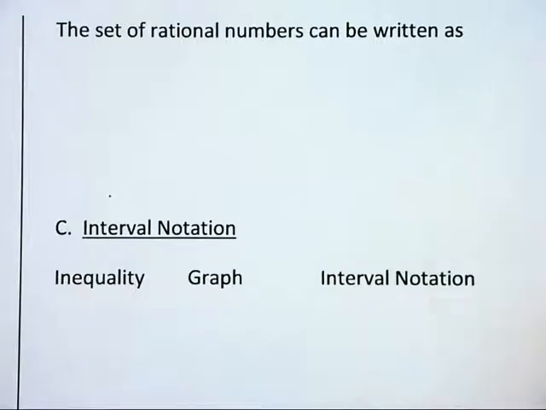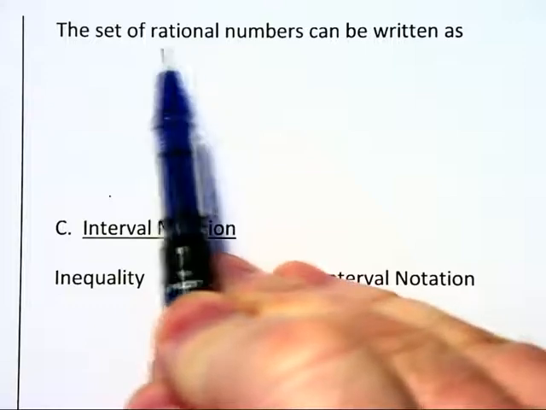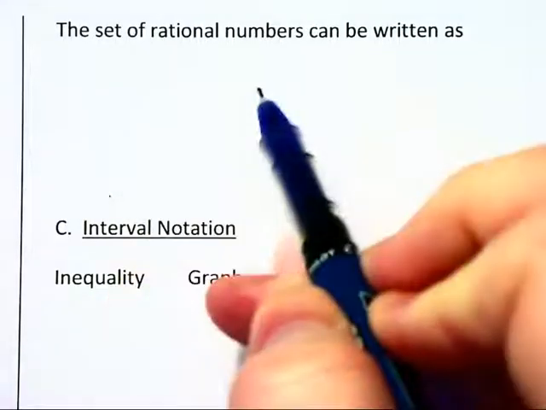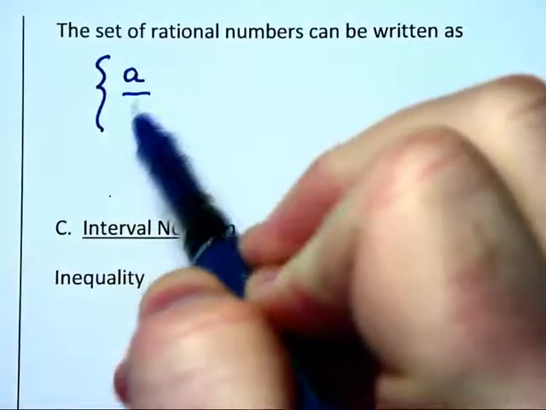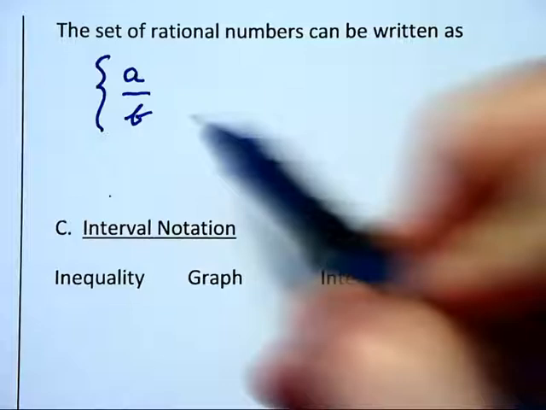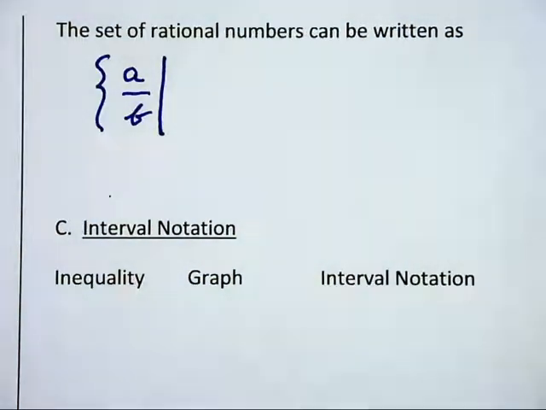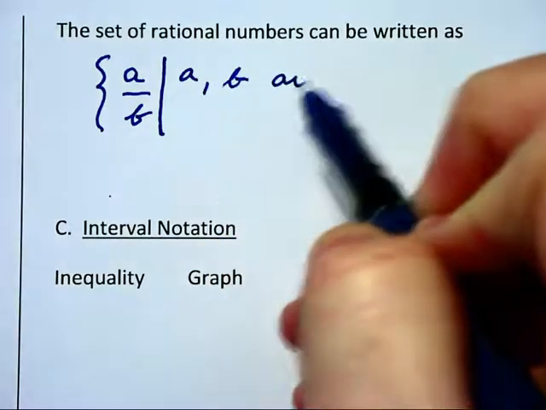Now we can use set builder notation to represent the set of rational numbers in a different way. We know from what we said a little while ago that rational numbers are fractions. So I can't just use the letter x, but I'm going to say a over b in this case because that is a fraction. And I want to say the set of all numbers a over b such that a and b are integers.